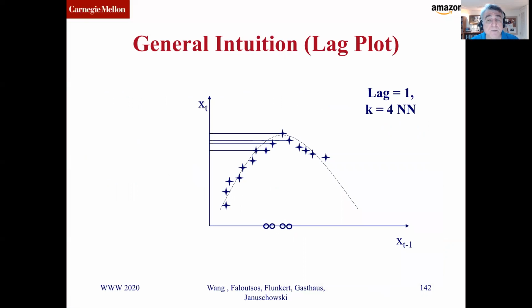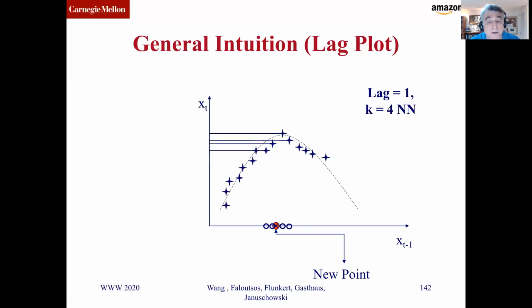He says, let's assume that a window of 1 is enough, so lag 1, and let's assume that 4 nearest neighbors are enough. So we have a lot of historical data, which are these stars. We don't know, and actually we don't even care if they're on a parabola or hyperbola or anything else, right? But what we do is we figure out the value for today, the population of flies for this year.